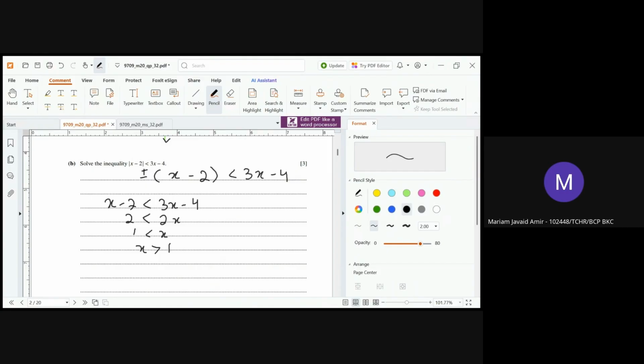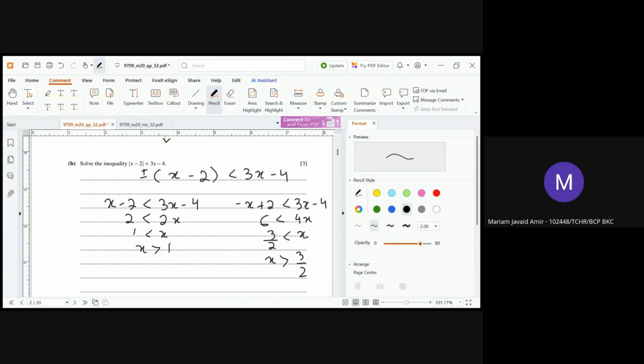Okay. Now let's deal with the negative sign. So negative x plus 2 less than 3x minus 4. Rearrange, we'll have 6 less than 4x, and then 3 over 2 less than x. Rearrange, x greater than 3 over 2.